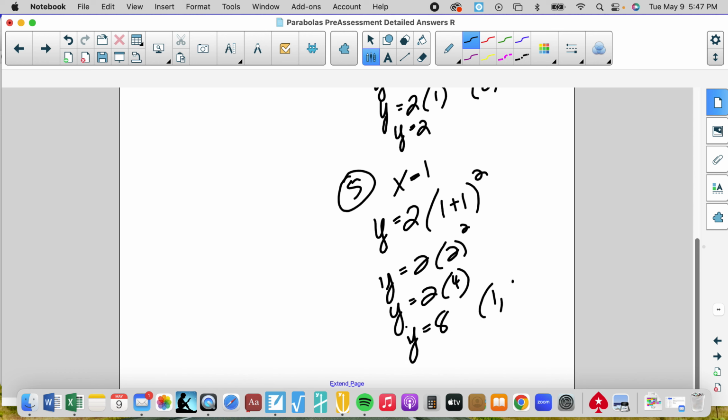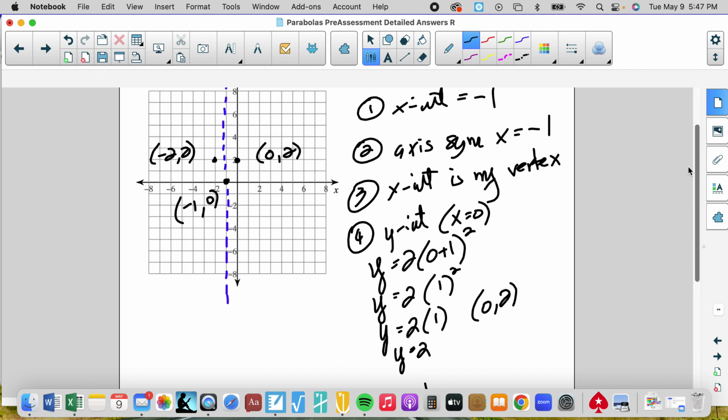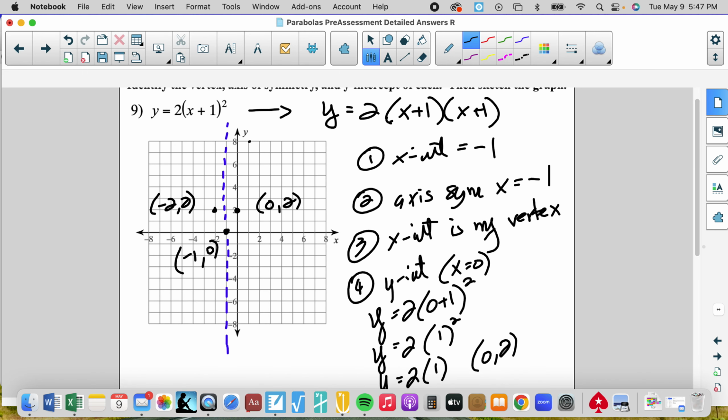So when I plugged in 1, I got 8. 1, 8 is right there. It's 2 away. That's going to take me to negative 3, 8. And I have 5 points. And we are done. Woo, baby!